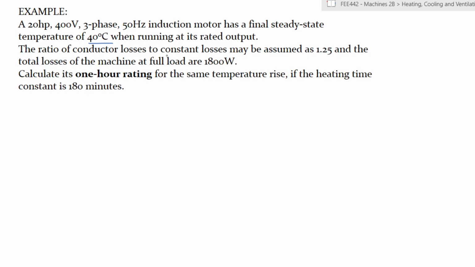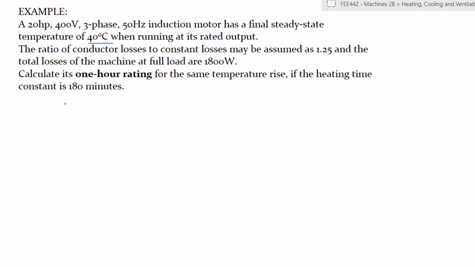The ratio of conductor losses to constant losses is assumed to be that, and the total losses of the machine at full load are 1800 watts. Calculate its 1 hour rating for the same temperature rise if the heating time constant is 180 minutes.